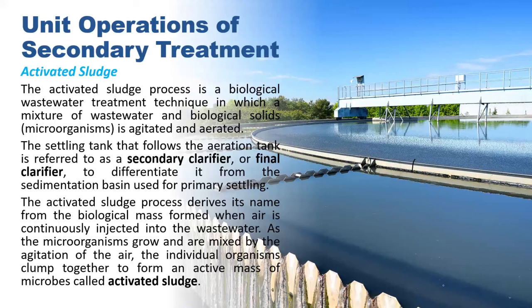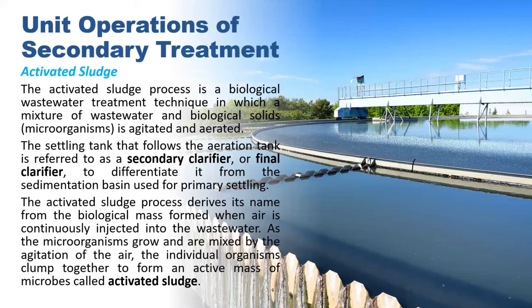So the biological solids are subsequently separated from treated wastewater by settling, and a fraction is returned to the aeration process as needed. So as the microorganisms grow and are mixed by the agitation of the air, the individual organisms clump together to form an active mass of microbes called the activated sludge.